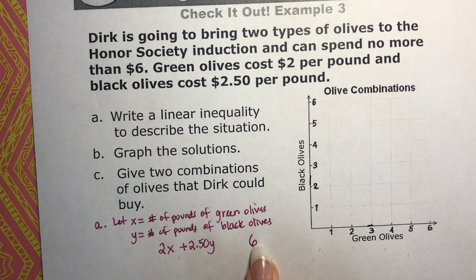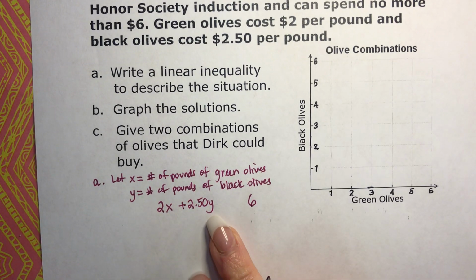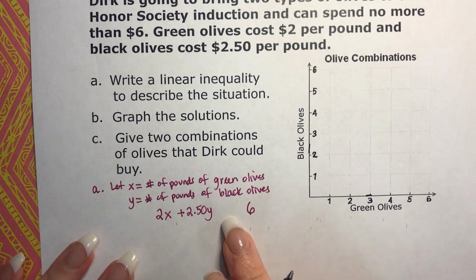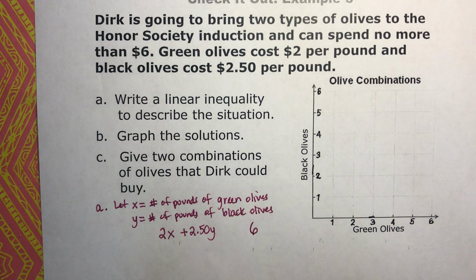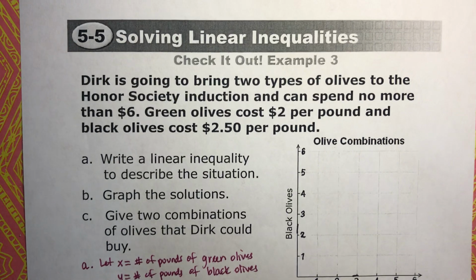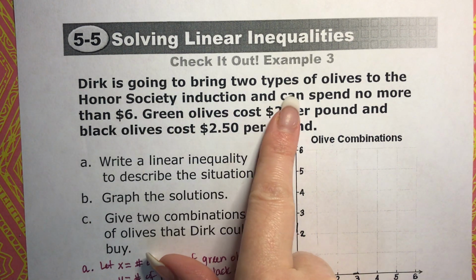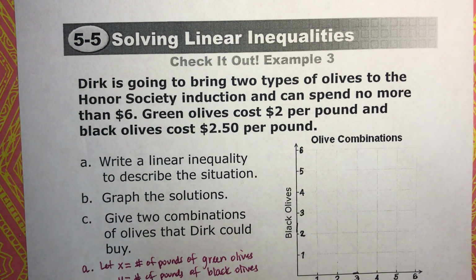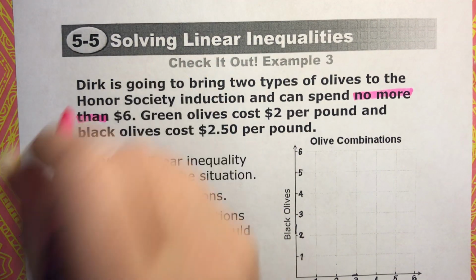Okay, so we have $6, which is our total, and our total is made up of the amount spent for green olives and the amount spent for black olives. So now we just need to figure out what is the sign that we're going to use. And the key words, do you guys see them in this problem? Dirk is going to bring 2 types of olives to the Honor Society induction and can spend no more than $6. So no more than $6.